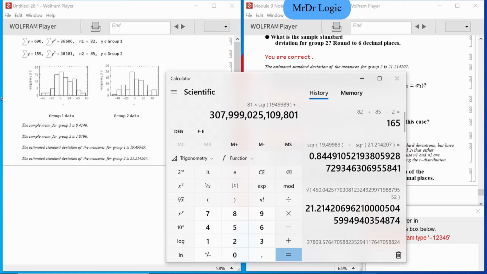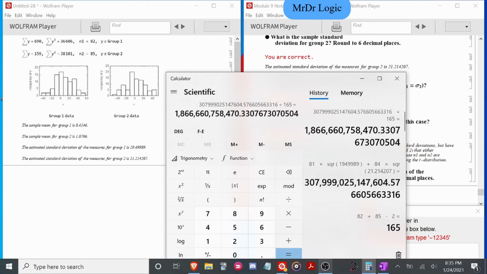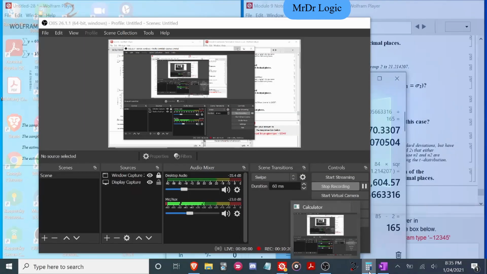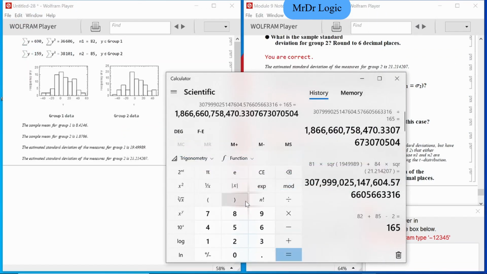Plus 84 times bracket 21.214207 bracket squared. So you add, everything looks good so far, divided by 165. That's a huge number. And then you square root the whole thing.